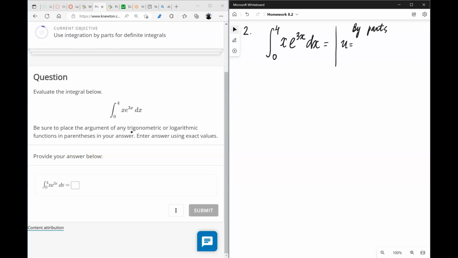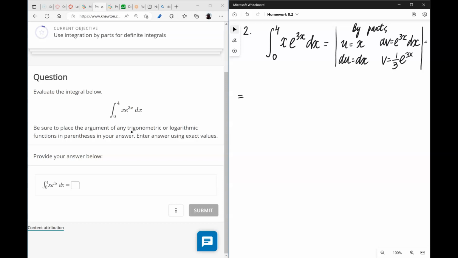So my u is x, my du is dx, my dv is e to the 3x dx, and my v is the integral of this, which is 1/3 e to the 3x plus c, but we can set c equal to 0. If you don't know how to go from this dv to v, it's just a simple integral with a linear substitution, t equals 3x.